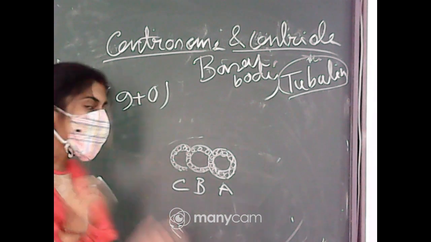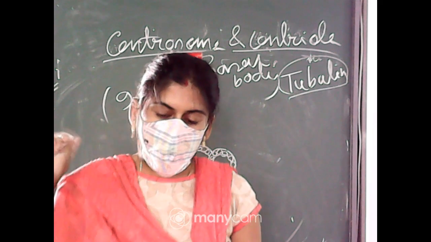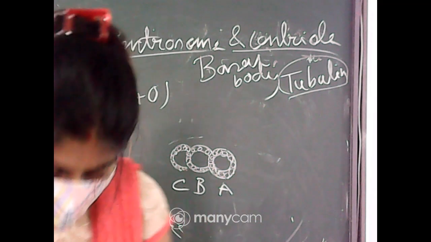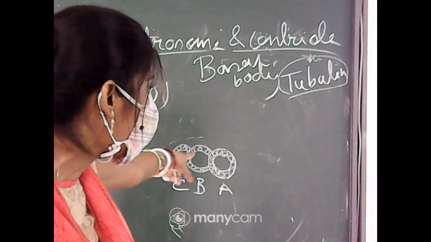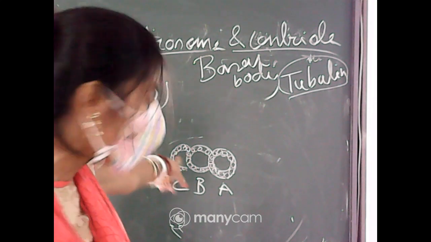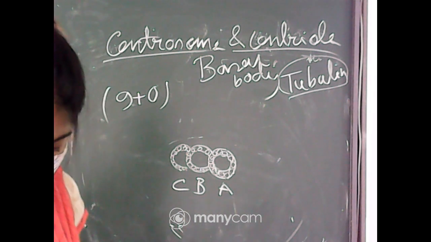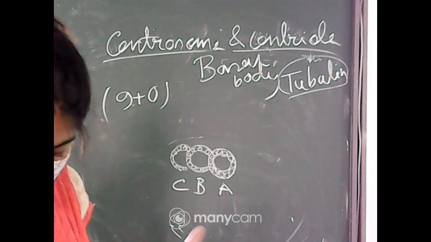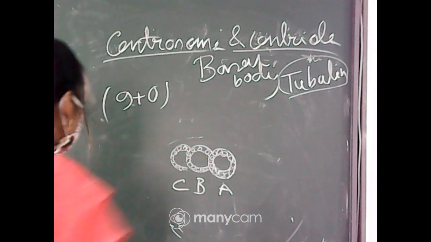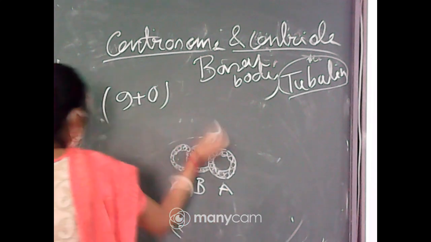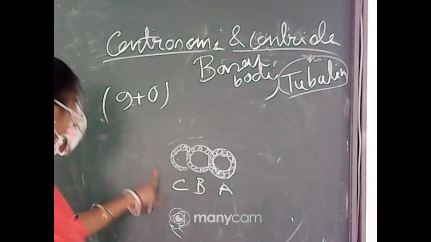But in the central portion no microtubules are found, that's why we say 9 plus 0 arrangement. Three microtubules are joined at their margin. This whorl of 9 triplet fibers is found around an imaginary central axis.